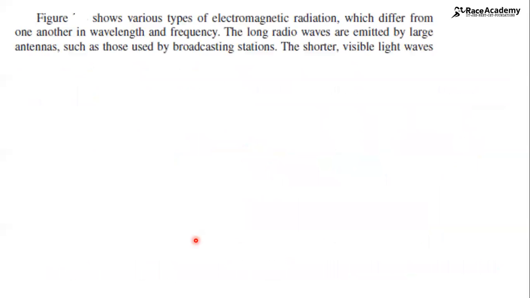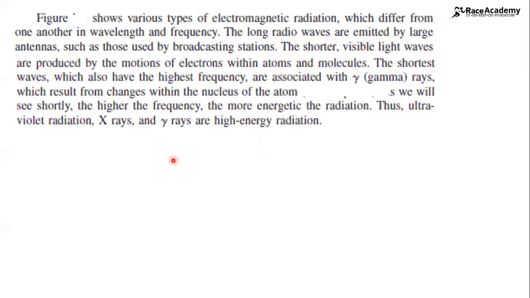The figure shows that various types of electromagnetic radiation differ from one another in wavelength and frequency. The long radio waves are emitted by large antennas, such as those used in broadcasting stations. The shorter visible light waves are produced by motions of electrons within atoms and molecules.